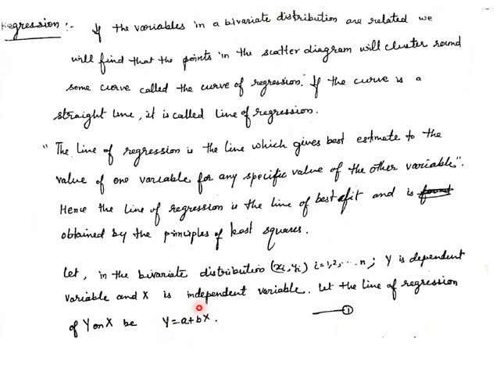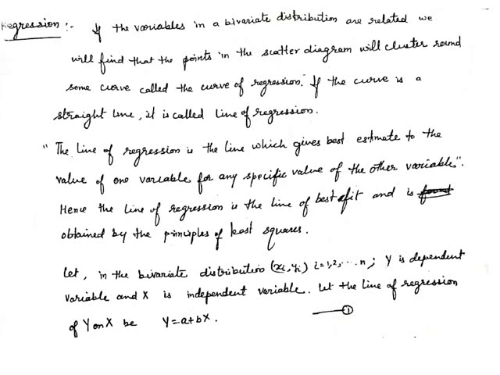So, you get the value of y for any specific value of x. Similarly, if you need to calculate the value of x for some specific value of y, you have to take x equals a plus by instead of y equals a plus bx. Clear? And we know that the line of best fit is obtained by the principle of least squares.